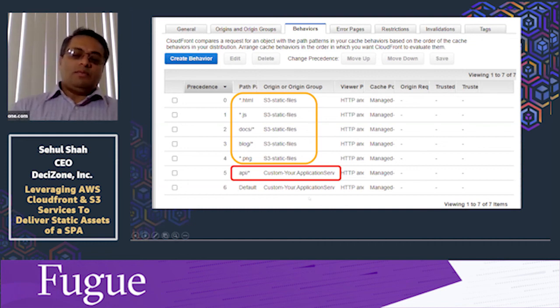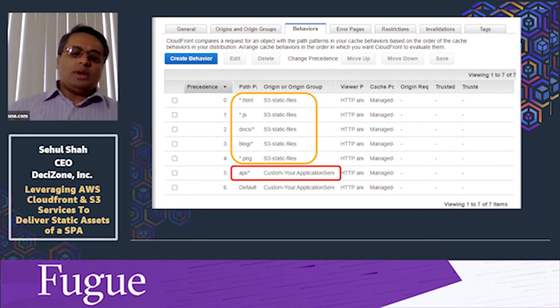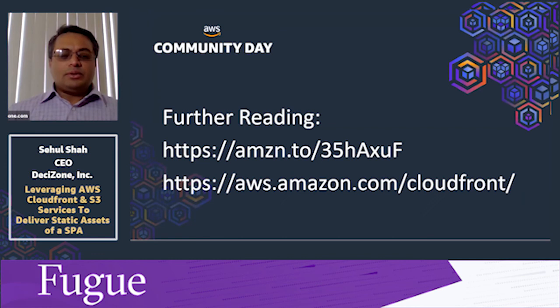This gives you a very good way to separate out the static requests and all your REST API dynamic requests. If you apply this properly, and you will go through a bit of a trial and error period in the beginning, once you have set it up, it works very nicely.